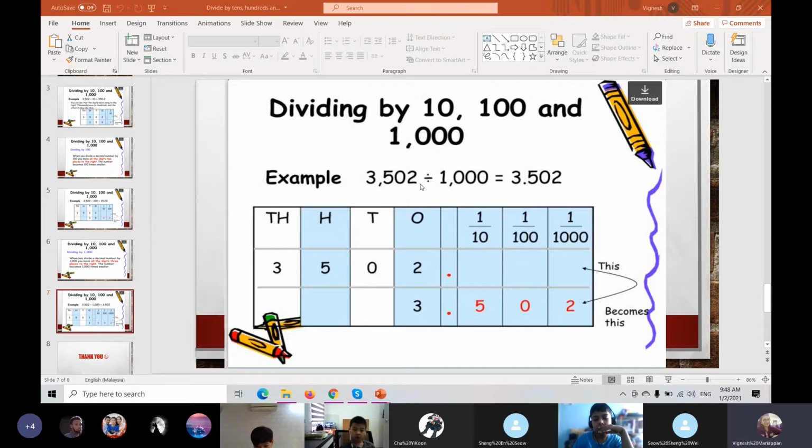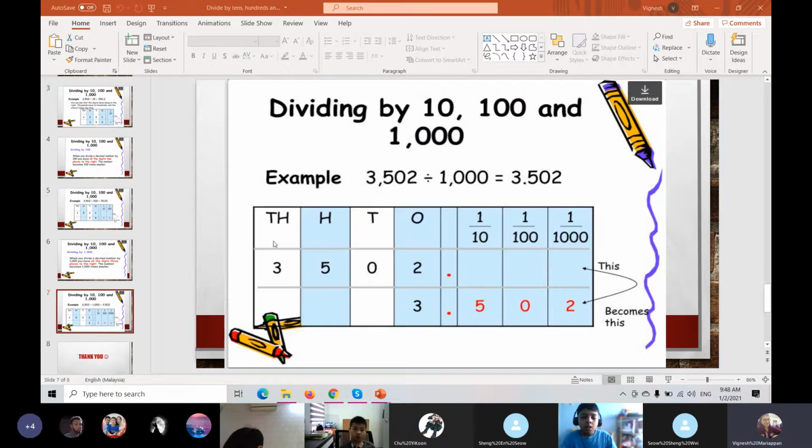It's very important. Divide is left, so you have to move 3 decimal places, and same, we have to assume that there is a decimal point at the end of this 2 here. So you have to move 3 decimal places to your left. 1, 2, and 3. So 3.502.